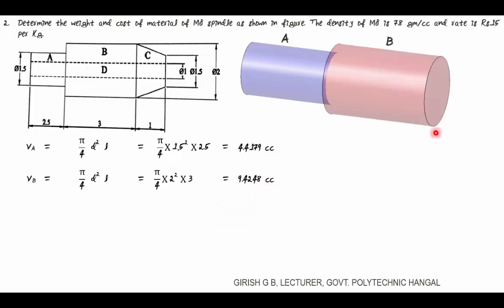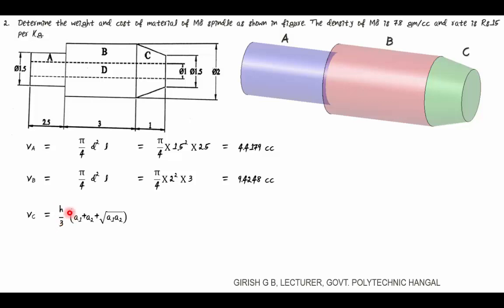The next step is to determine the volume of the part C, which is the frustum of the cone. The volume of the frustum of the cone is given by the formula h by 3 into A1 plus A2 plus root of A1 A2. Here h is the height of this frustum of the cone. They have given the height as 1.